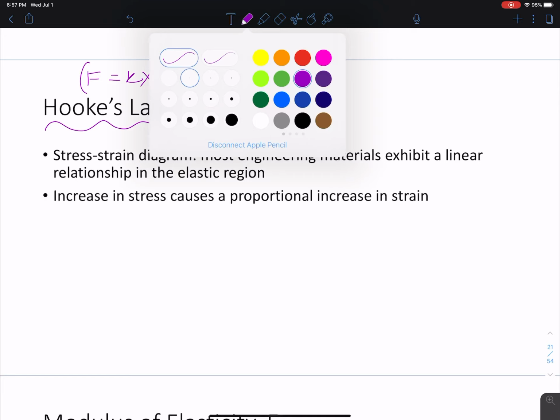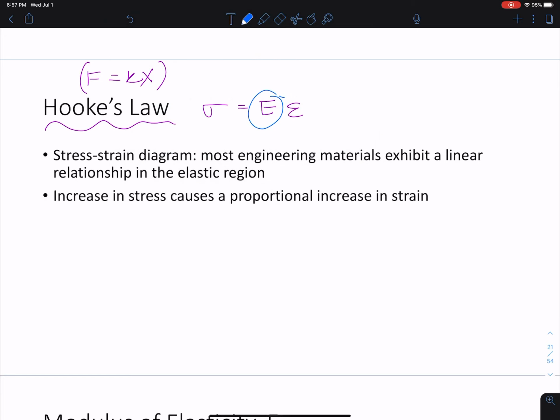Our E is called the modulus of elasticity. It's the slope of the linear portion of the stress-strain diagram, so just rise over run.